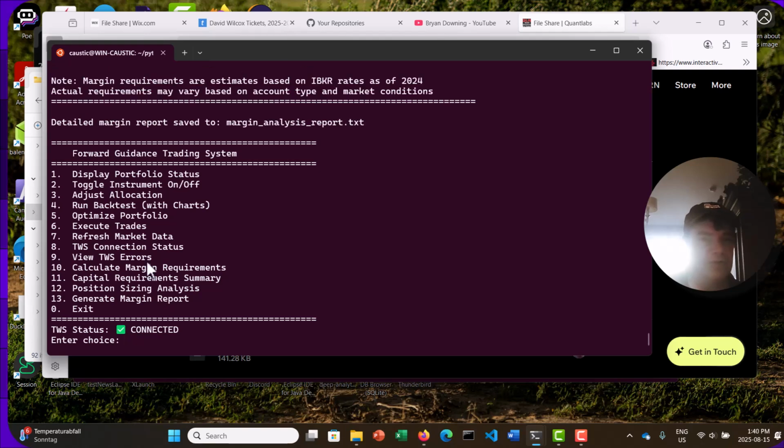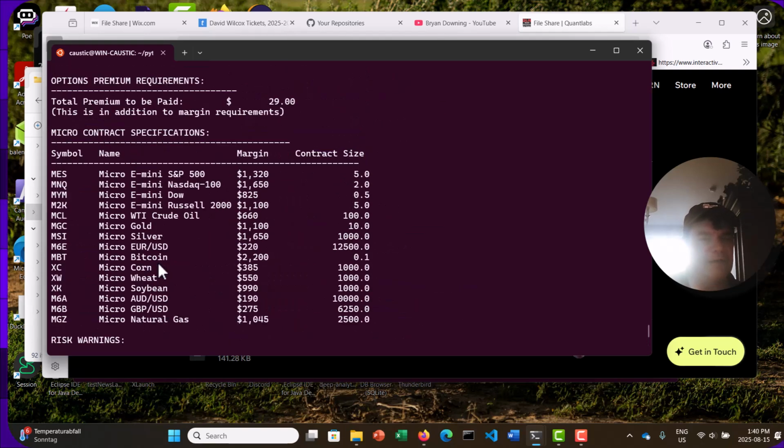So if you choose, let's say, all of the available, and there are a lot of other ones as well for micros. With the amount needed for these types of trades, let's say you want to trade the micro E-mini S&P, the margin requirement for 5 contracts for this particular instrument is 1320, and you need 5 contracts to just trade that.